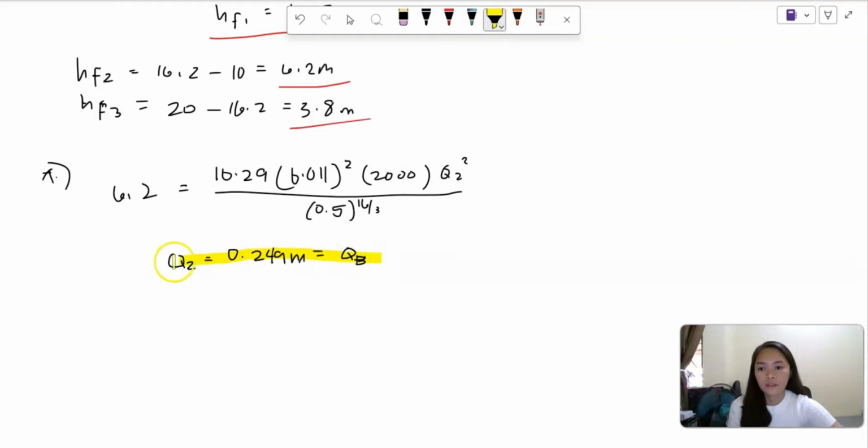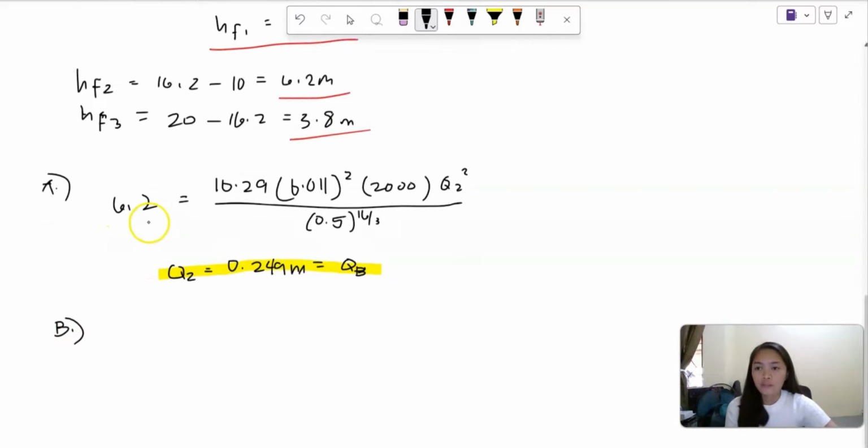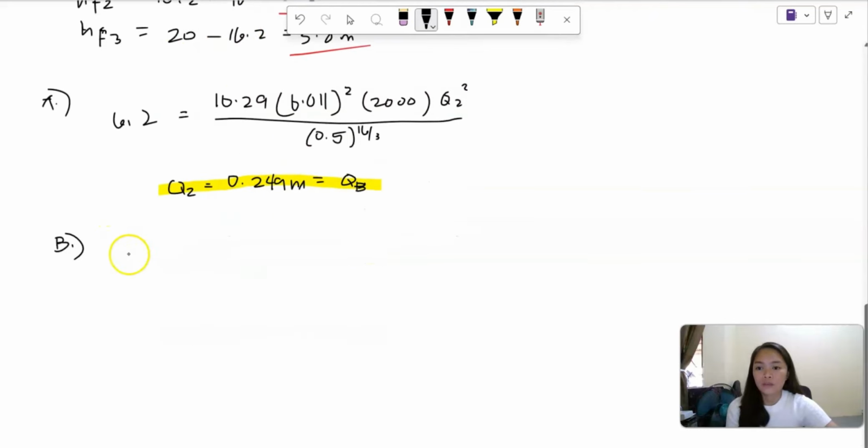So we already have the value for this. So next is to identify the flow in pipe 1. So HF1 is just 16.2. So 16.2, 10.29 again, times 0.011 squared.